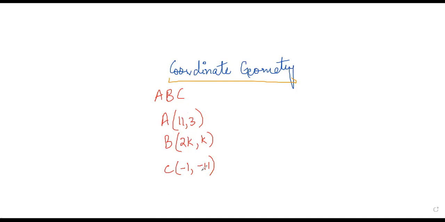Now the examiner says find the possible values of k if angle ABC is 90 degrees. What do you mean by 90 degrees? Right angle. Yeah, so what do you mean by right angle? What is it referring to?